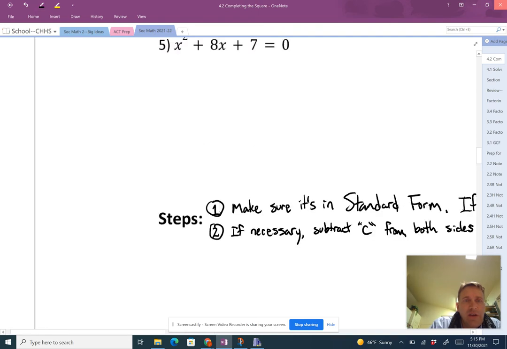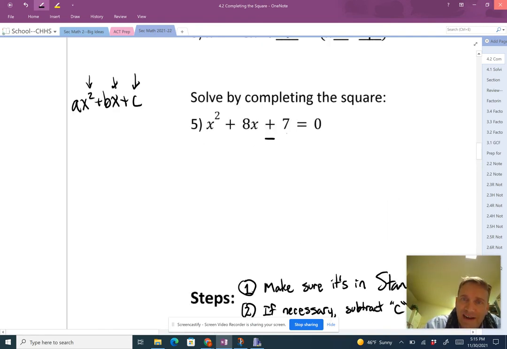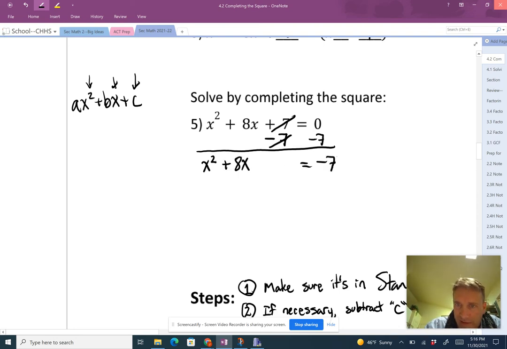So if we look at this one up here, we're going to subtract 7 from both sides. And that cancels the 7, and so we are left with x squared plus 8x equals negative 7. And here, I'm going to actually go so far as writing a plus, parentheses, on both sides, a plus and a blank, plus and a blank.